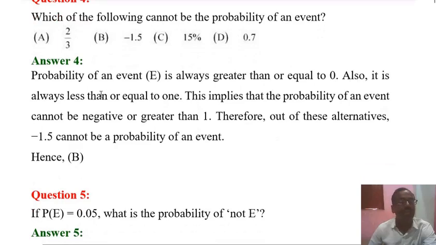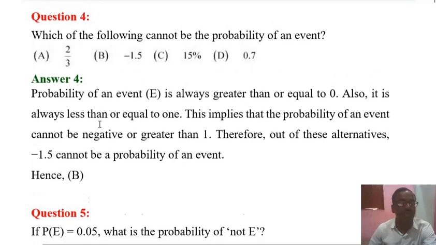Also, it is always less than or equal to 1. This implies that the probability of an event cannot be negative or greater than 1. Therefore, out of these alternatives, minus 1.5 cannot be a probability of an event. Hence, the correct option of this question will be B.